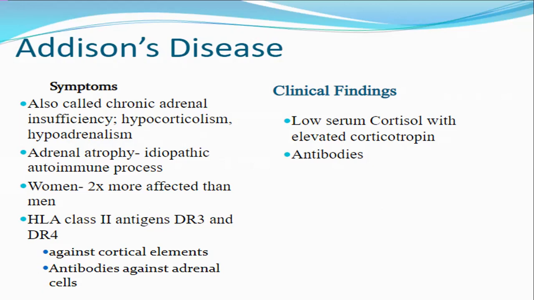Okay? So autoantibodies are produced which are directed against the different adrenal cortical elements, and some other autoantibodies cause disruption of your adrenal cells, leading to adrenal insufficiency. So a common clinical finding for Addison's disease is the presence of low serum cortisol and elevated corticotropin, and the presence of the different autoantibodies.